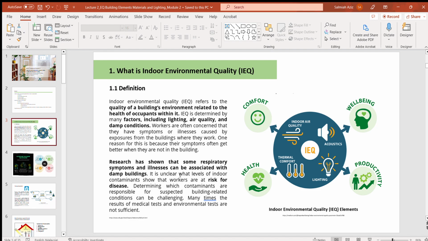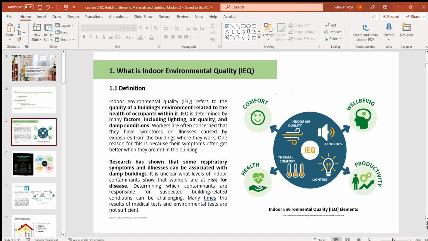It is unclear what levels of indoor contaminants show that workers are at risk for disease. Determining which contaminants are responsible for a suspected building-related condition can be challenging. Many times, the results of medical tests and environmental tests are insufficient.